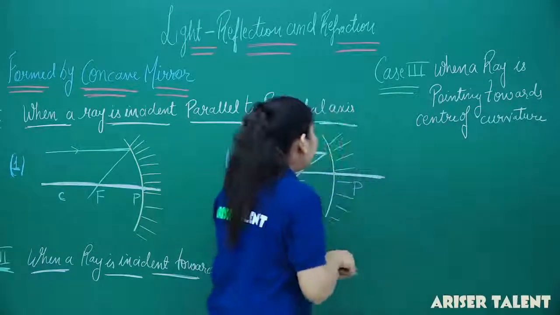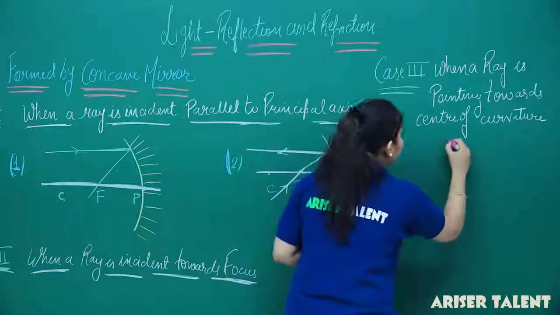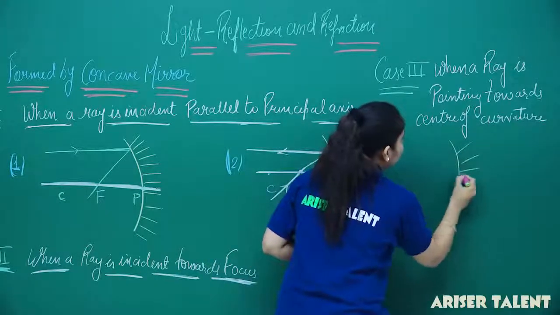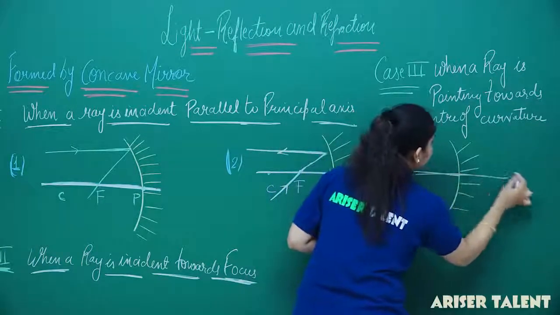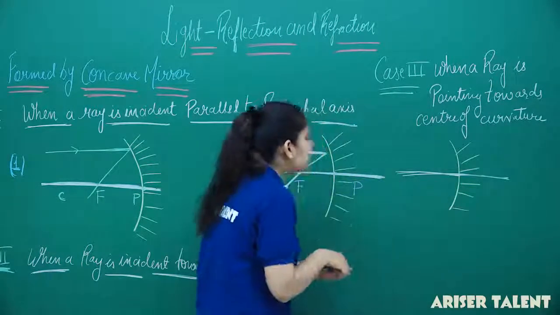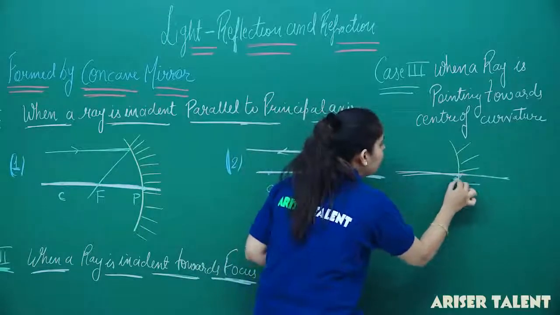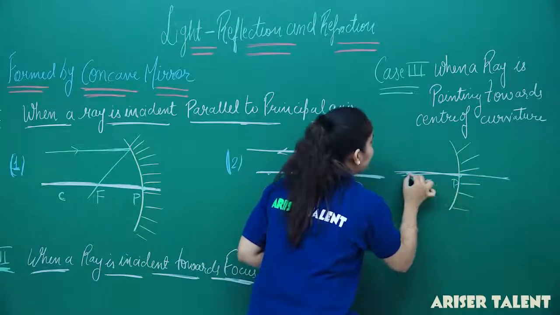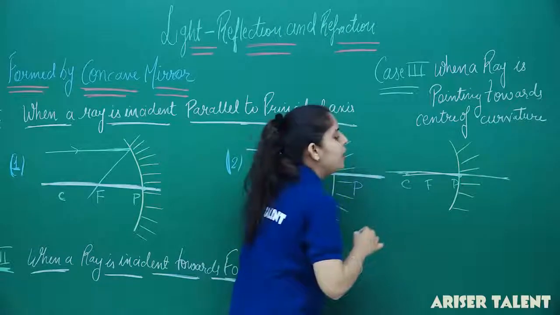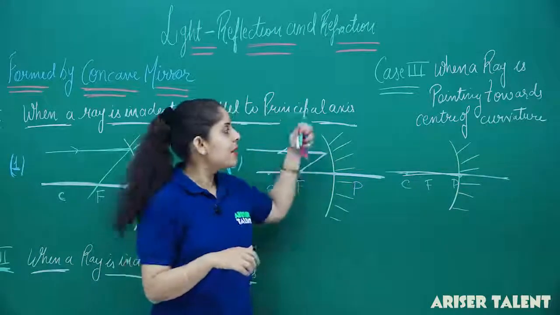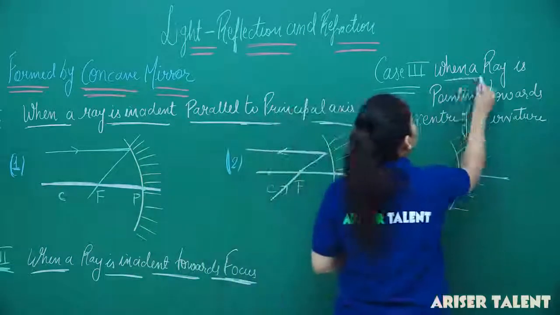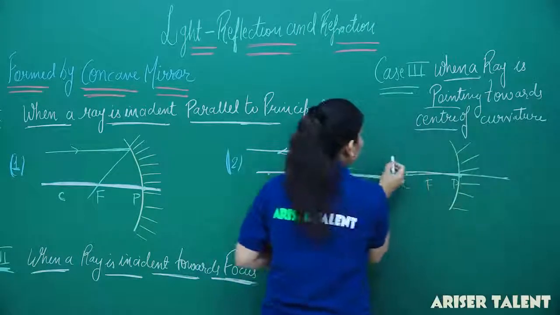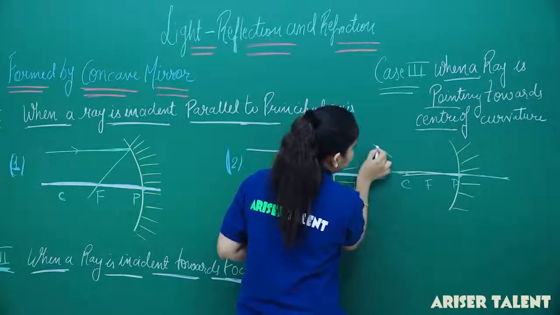So what will be the ray diagram in that case? Again, I am drawing the concave mirror that is polished outwards. Again, this is our principal axis, you can see here. And on that principal axis, this is our pole, this is our focus, and this is our center of curvature. And what is happening in this case? A ray is incident on the center of curvature.